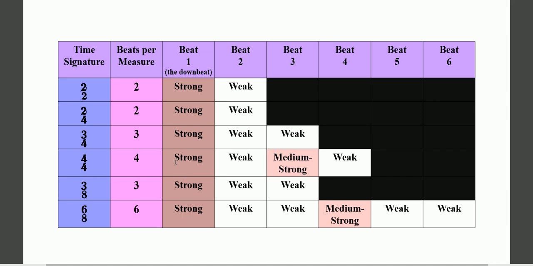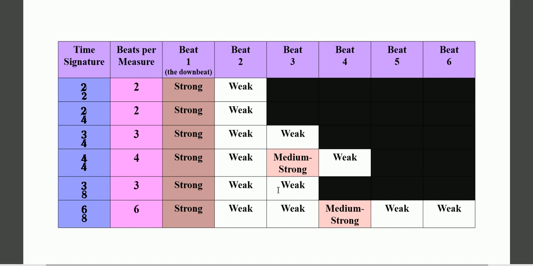Now, when we look at that a little bit further, we notice that the first two time signatures have 2 beats each. In 3/4 time and 3/8 time, there are 3 beats per measure. In 3/4 time, the quarter note gets the beat. In 3/8 time, the eighth note gets the beat. We still have strong, weak, but that third beat is also weak.